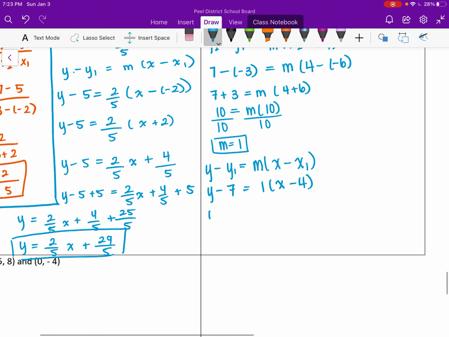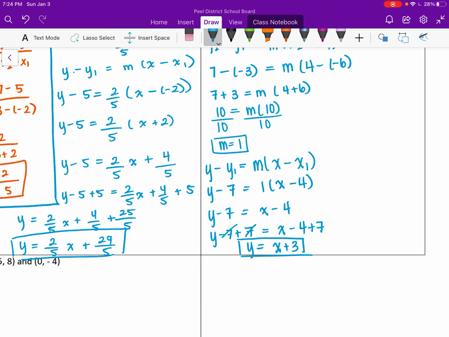So y minus 7 equals x minus 4, and I'm just going to do plus 7 on both sides. This cancels out, so y equals x, negative 4 plus 7 gave me positive 3, so x plus 3. And that was my equation.